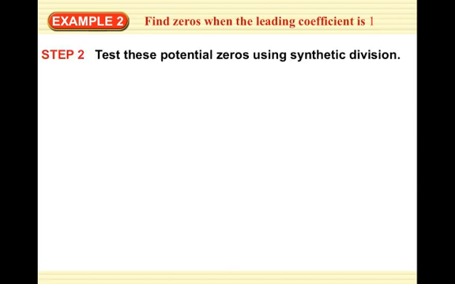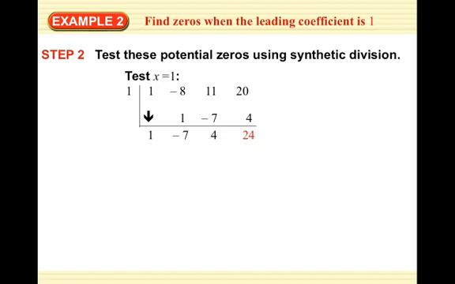Step 2, we're going to test these potential zeros using synthetic division. What we're looking for is one that gives us 0 for the remainder, because that means that x value is a zero. Let's just start with 1, and we'll move on from there. So we're going to test 1. Remember, you put that value of 1 out here. Across the top, you've got the coefficients from your polynomial and the constant.